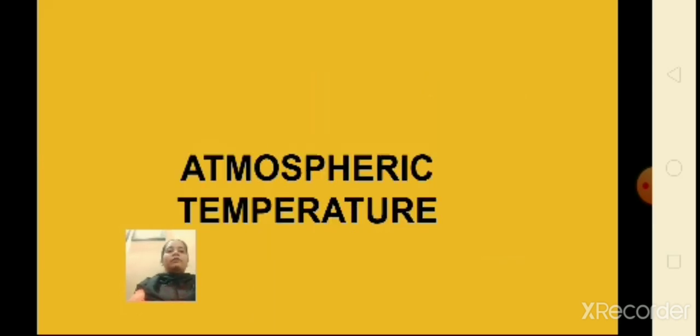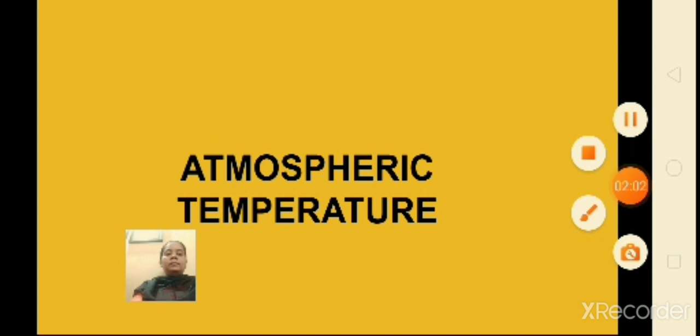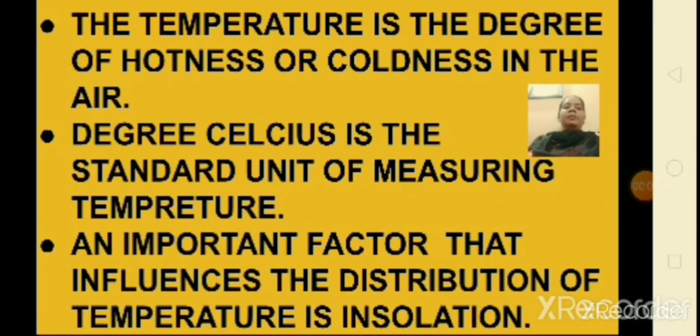Now that, children, we have understood what is weather and climate, let us revise about atmospheric temperature. So, children, the temperature is the degree of hotness and coldness of the air.